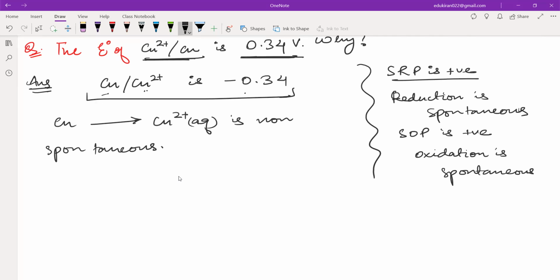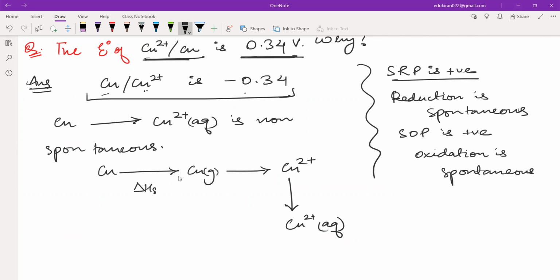Now we know that we have three different types of reaction happening. So first of all, copper will convert itself to copper gas. Then I will convert this to copper 2+, and after that we get copper 2+ aqueous. Right? Yes or no? Yes, sir.